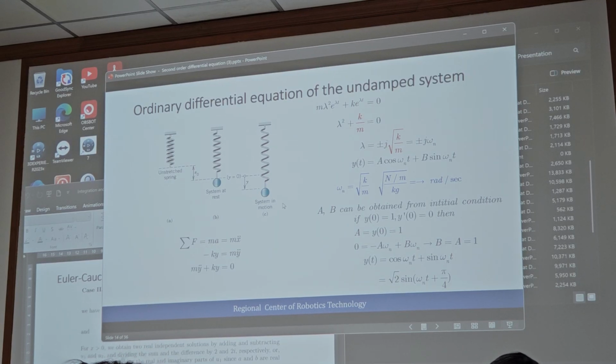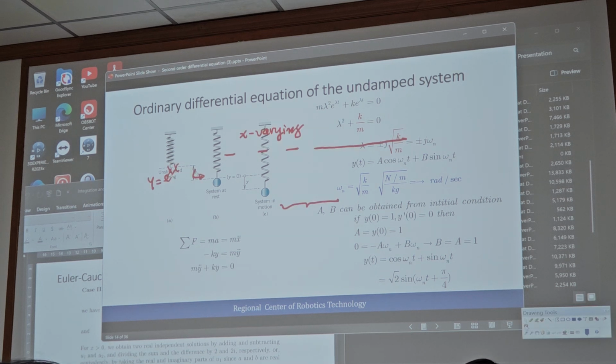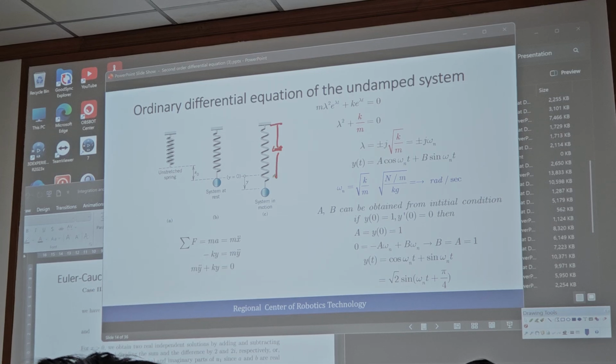So naturally, we can see this will be K over M if you don't have damping here. In the previous one, instead of this, we're going to have M y double dot plus c y dot plus k y equal to 0.